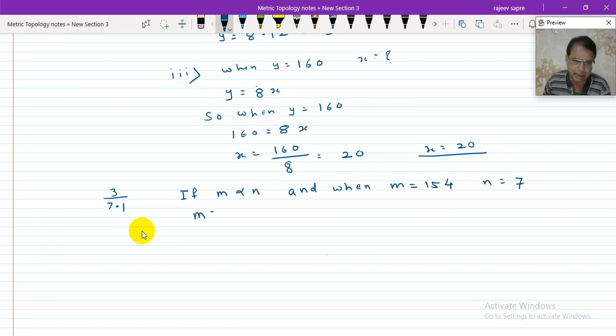So what is m? That is asked when n is 14. So we have to calculate this m value when n is 14. So what is given to you? m alpha n. So the solution can be like this, as m alpha n.